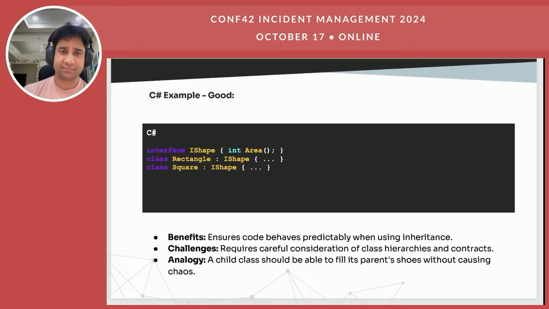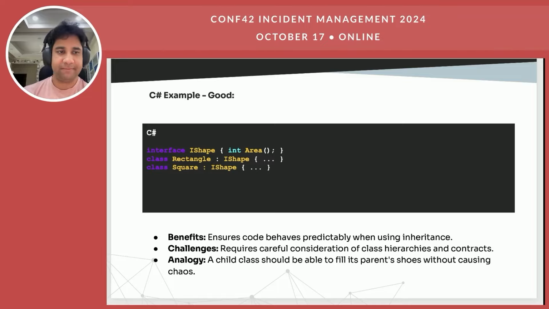Whereas here, it does not break, because even if we change the IShape to represent rectangle or square, it returns the correct area. And here, an analogy is: a child class should be able to fill its parent's shoes without causing chaos. Because earlier we saw, with the example of the forced relationship, that it would cause chaos or code breakage.